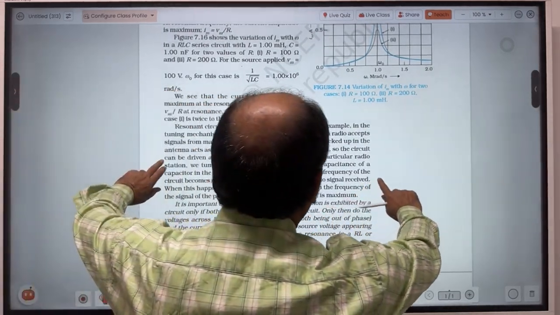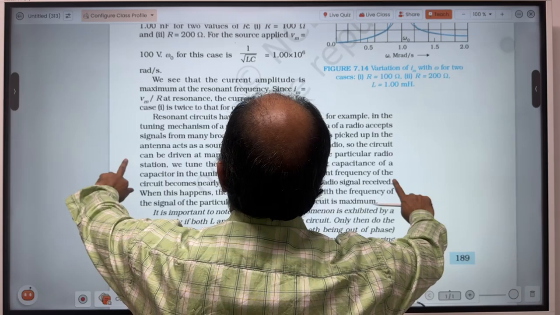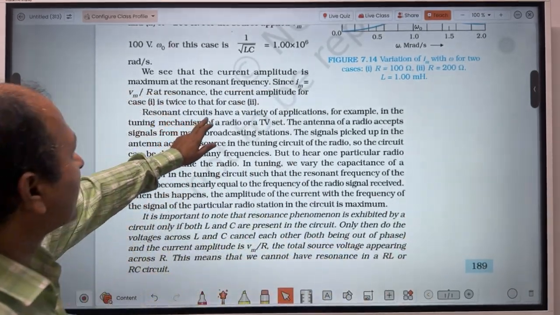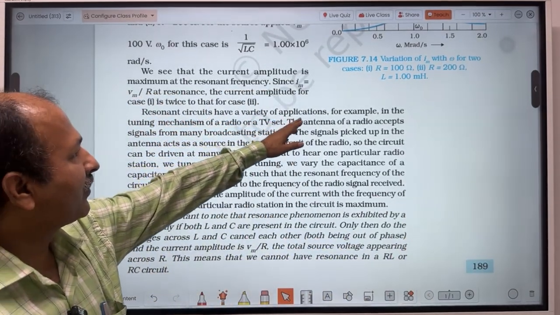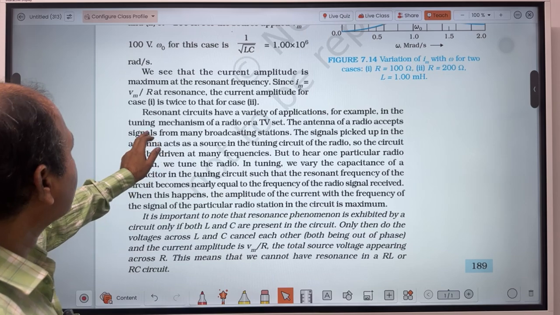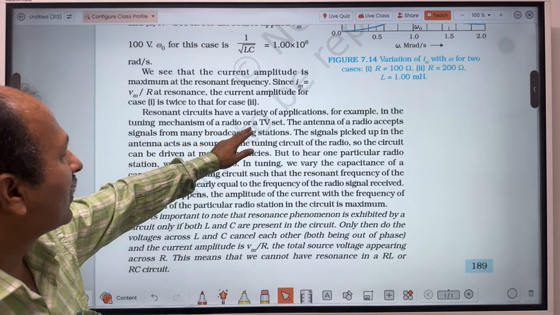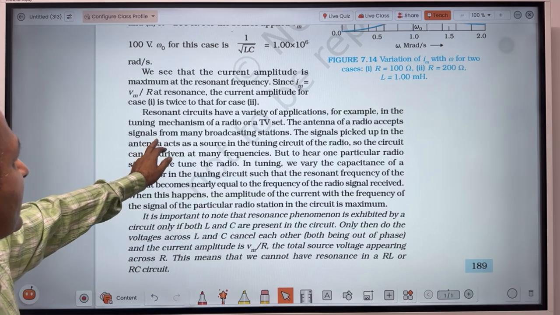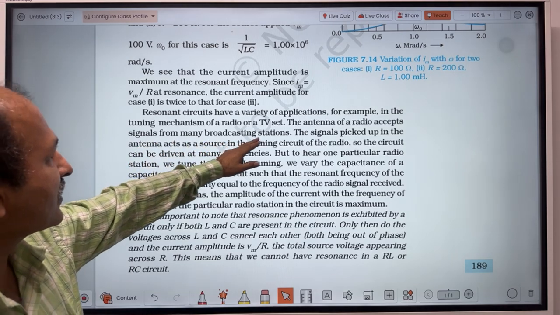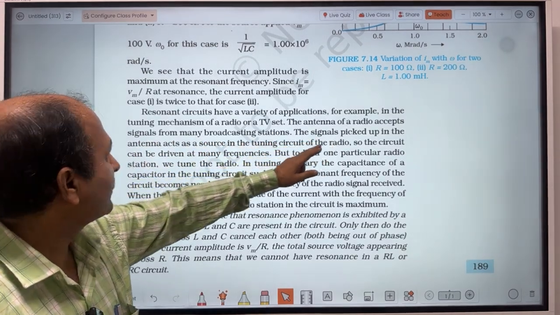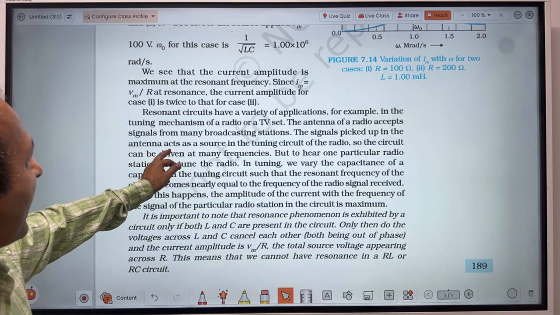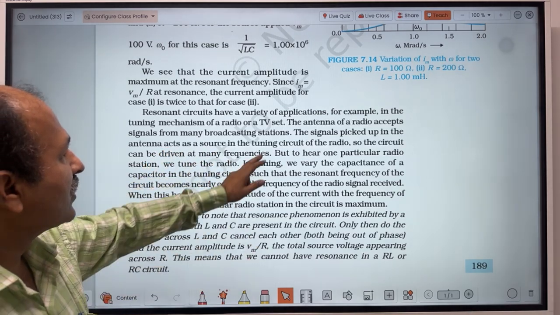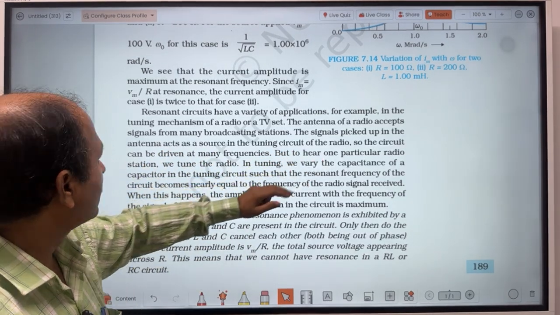Now here there is one important application that you can read. Resonant circuits have a variety of applications. For example, in the tuning mechanism of a radio or TV set, the antenna of a radio accepts signals from many broadcasting stations. The signals picked up in the antenna act as a source in the tuning circuit of the radio.